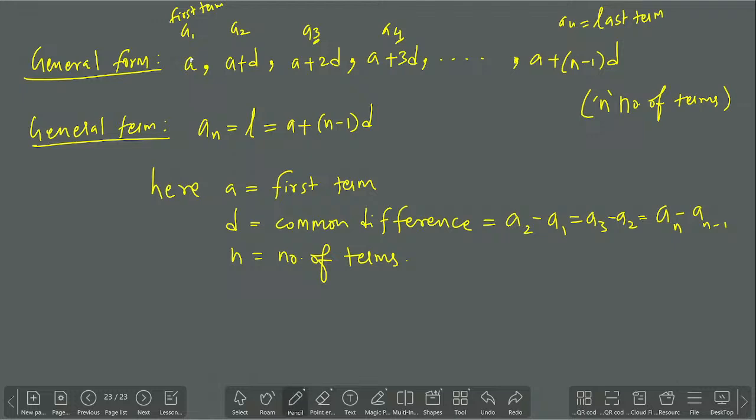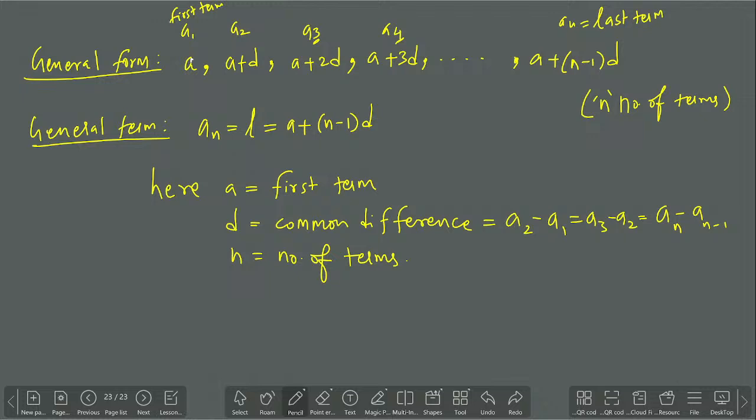What we can say: A, comma, A plus D, comma, A plus 2D, comma, it's going on till A plus n minus 1 into D. That is the last term. When we take n number of terms, we are getting the last term as A plus n minus 1 into D. Do you understand? Right, that's it.